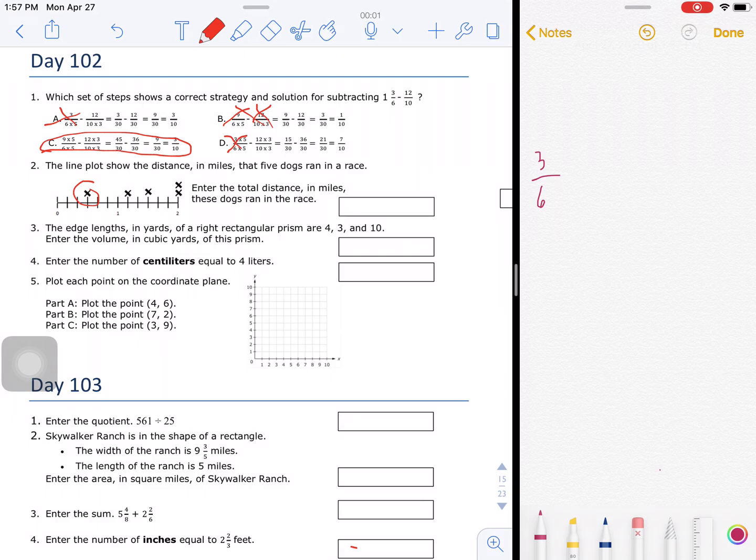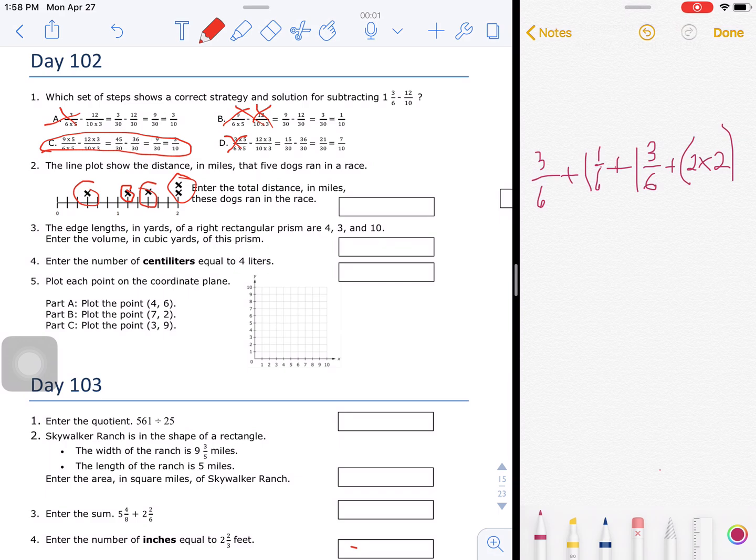The next point is 1 1/6. And then we have 1 3/6. And then the last, we have 2 at 2 miles.